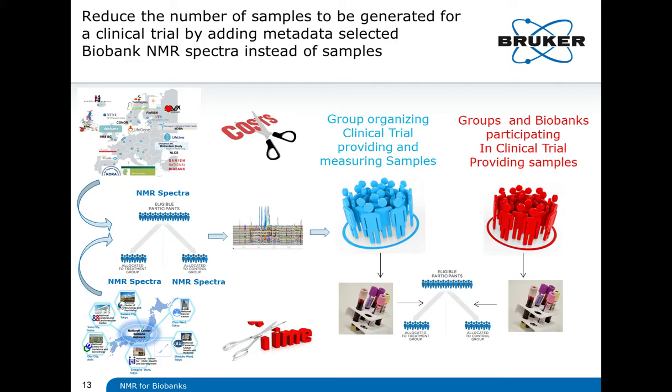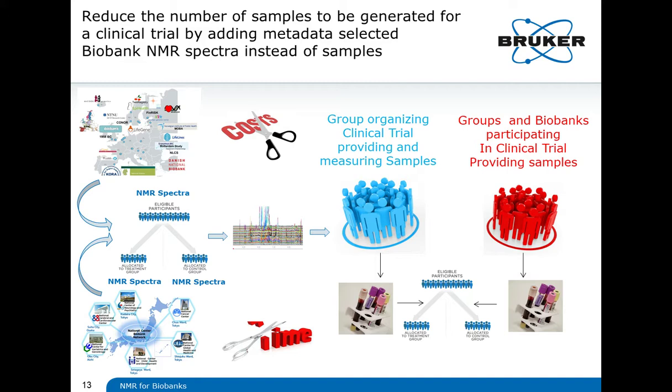So let's assume we have biobanks which are operating according to our NMR SOPs, and therefore, of course, create exchangeable data. Then what we can now do is, for example, if you look into control data, you could take them also from the NMR spectra, which are stored in the biobank for cohorts, which are described by the metadata.